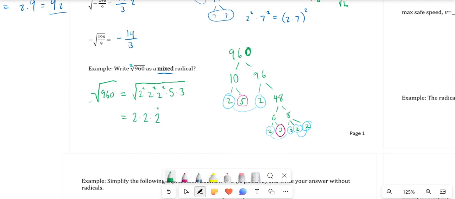I get 2. Or each one of these 2 squareds, I get 2. And then we still have 5 and 3 left over inside the radical. So let's simplify that. That's 8 and 15. And so here we've taken the square root of 960 and written it with quite a bit of a smaller number to it. Just a 15 under the radical and an 8 that we took out of the radical.